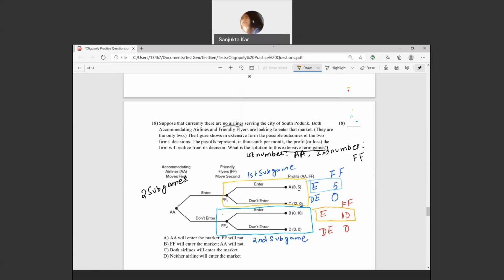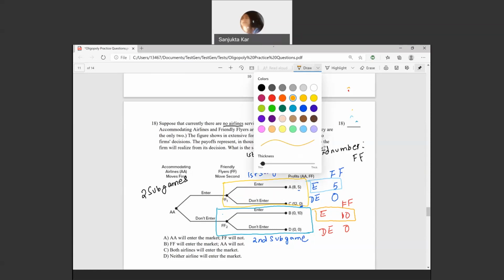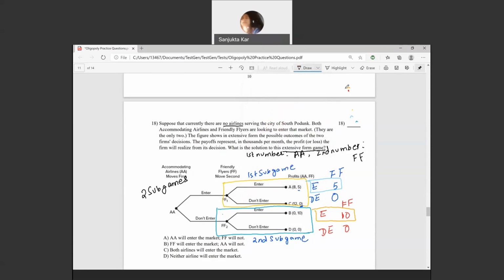Now, which are the chosen outcomes from here? Because we choose enter here, 5 is greater than 0.